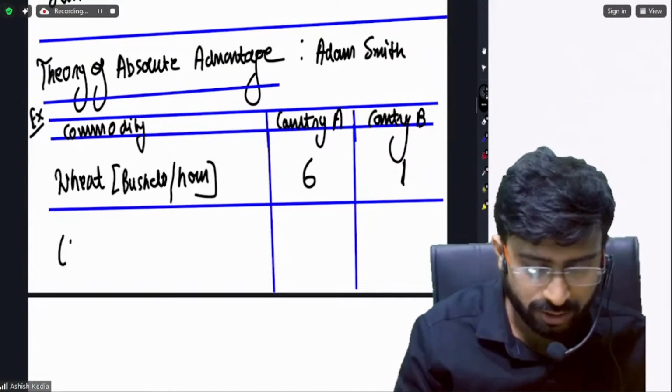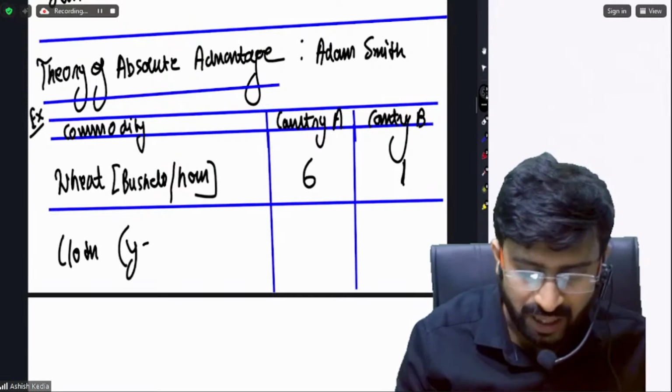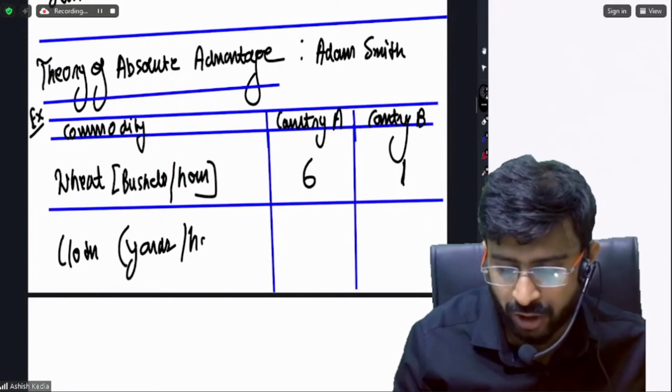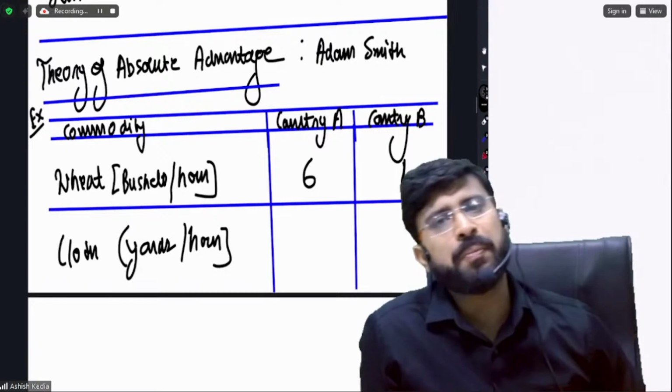If we talk about cloth, cloth is measured in yards per hour because we are talking about labor, so we are using it per hour.